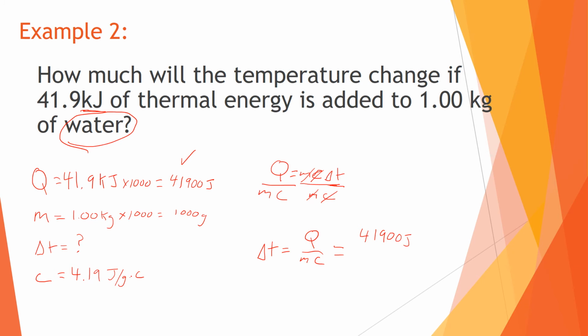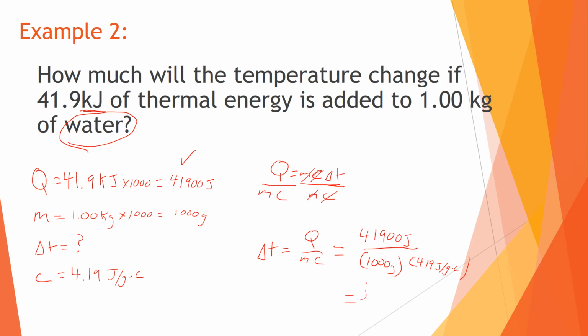41,900 joules divided by mass of 1,000 grams times 4.19 joules per gram degree Celsius. Okay, now remember your BEDMAS. So I have to multiply the bottom two numbers first.